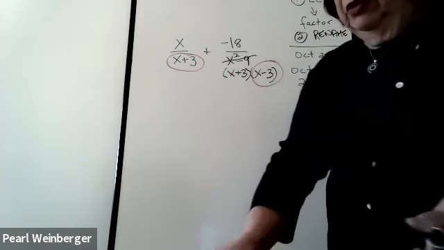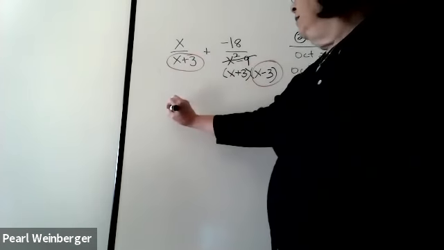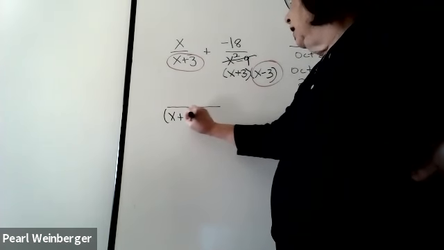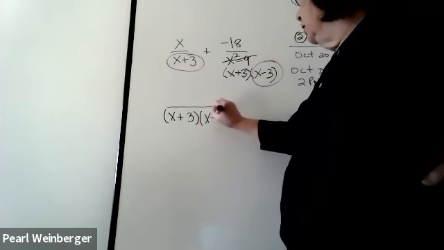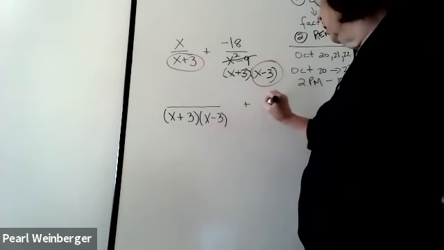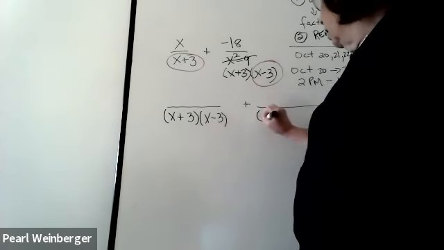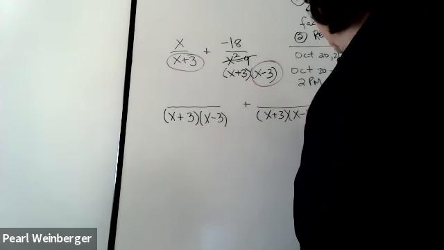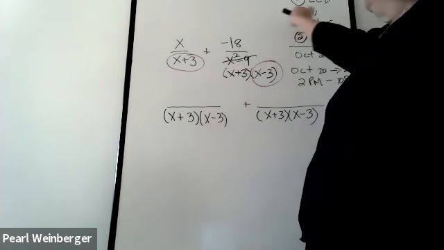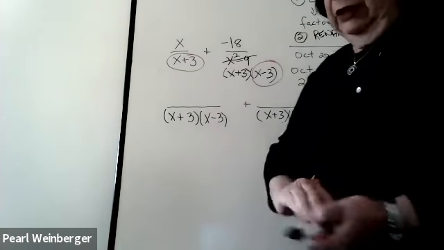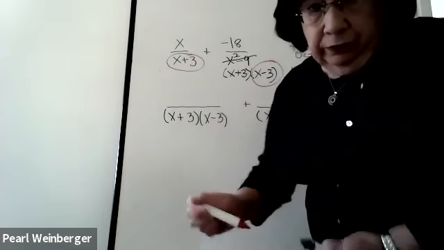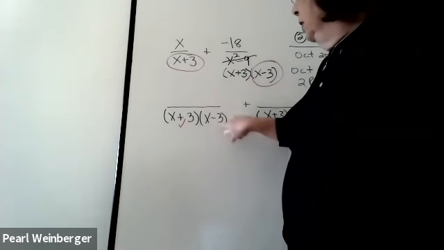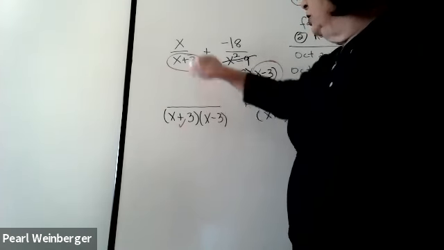So my two factors of my common denominator are going to be x plus 3 and x minus 3. Once I found my common denominator, I now am going to rename my fraction. Now, if I look at the first fraction, I have an x plus 3 there. What I've multiplied by is x minus 3.